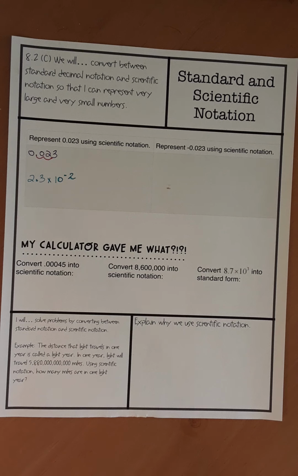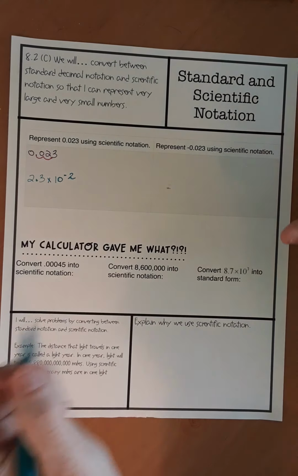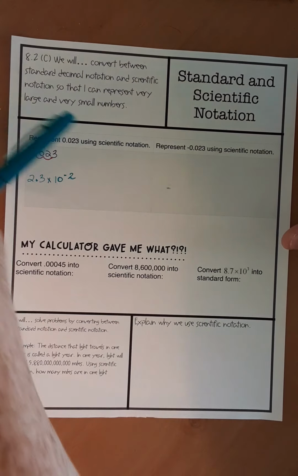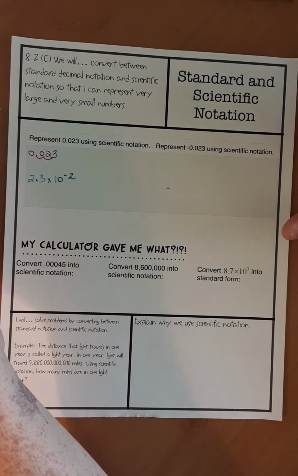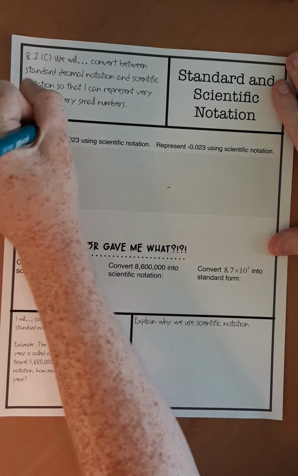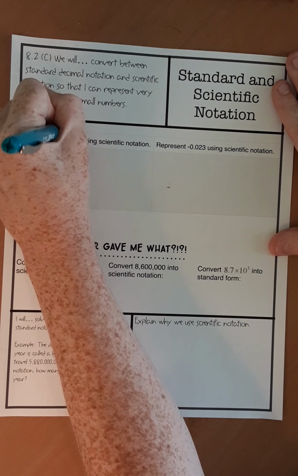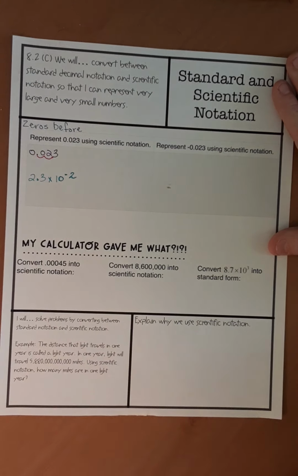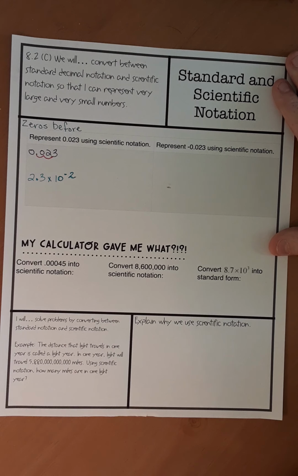I have a quick way to help you remember whether your exponent should be positive or negative. If your zeros are in front of your number, zeros before, your exponent is negative.